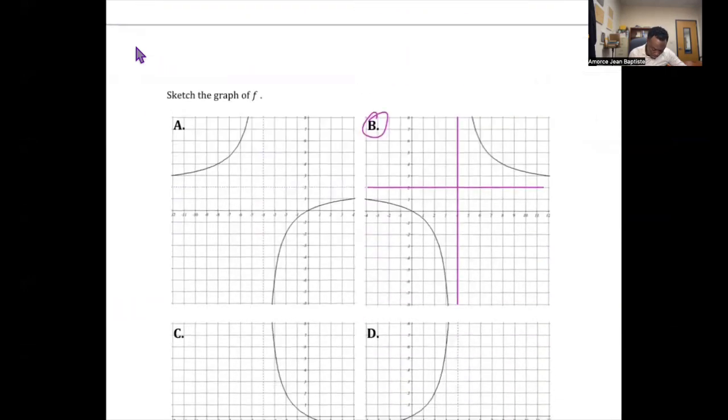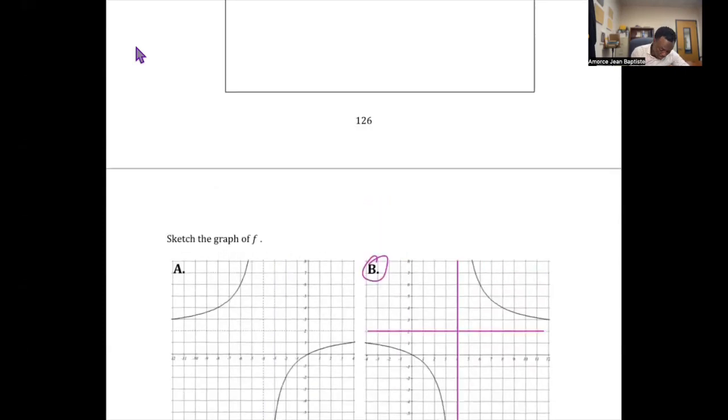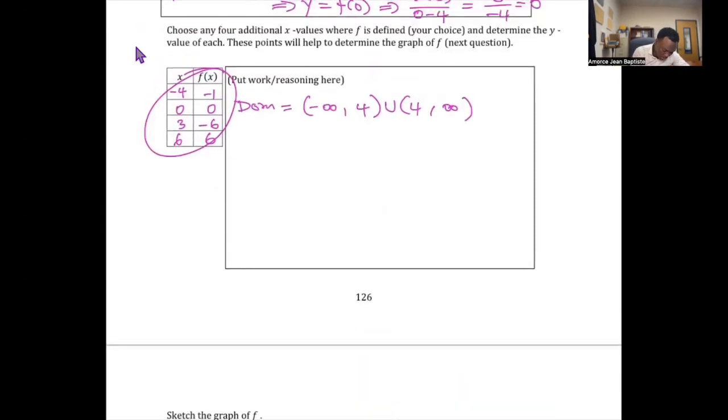x equals -4, let me see. Oh, -4 gives +1. So it's -4, +1.